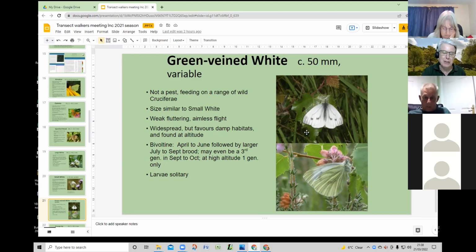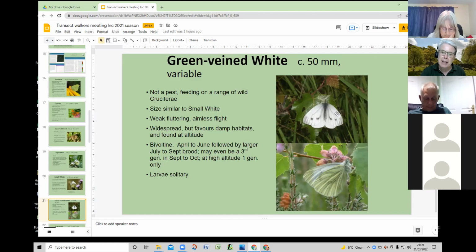Obviously with the others, you really need to see them landed, or at least resting, to see which species it is. With the green-veined white, it's not actually green at all; the veins are actually black, but black on lemony yellow shows as a green color.